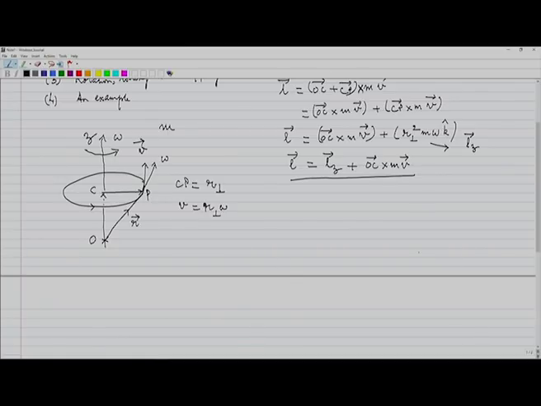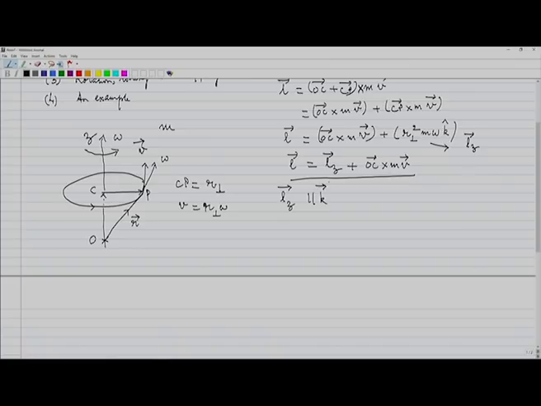The direction K can be obtained from the right hand rule also. So L_Z is parallel to the fixed axis K.